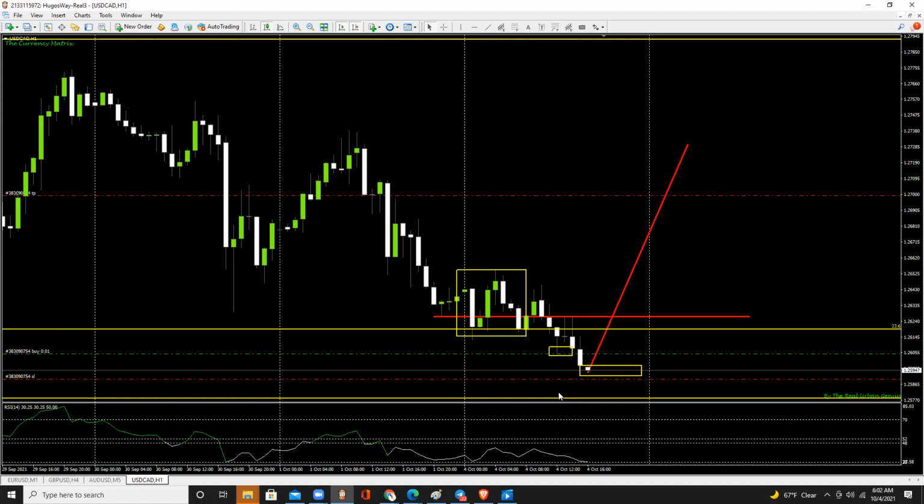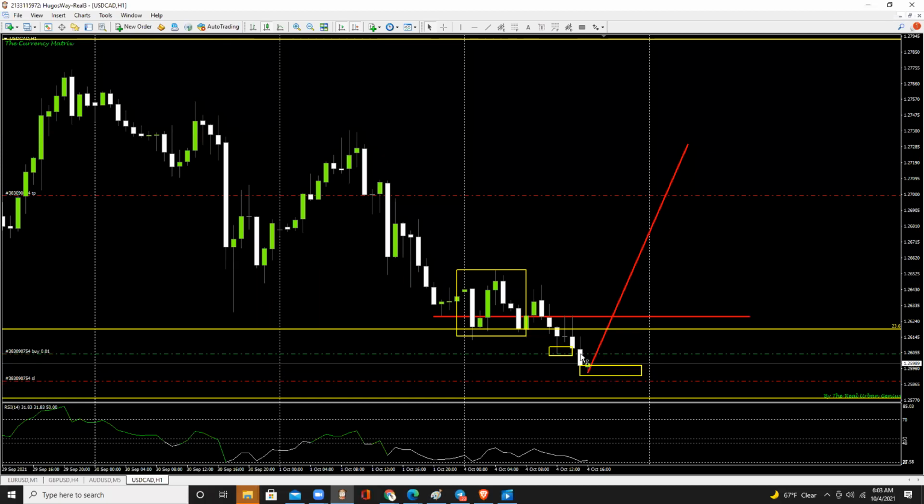The stop goes either below the previous day's low or the current day's low. Obviously, it would make no sense for me to put it below the previous day's low, because the previous day's low is above my entry. So the only obvious place to put my stop loss with my entry here is below the current day's low. All that makes sense?